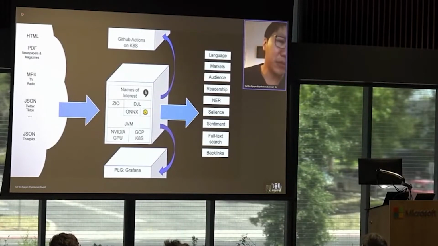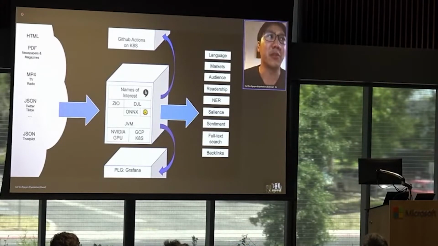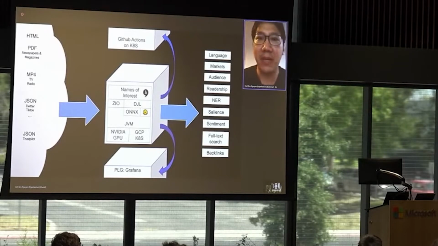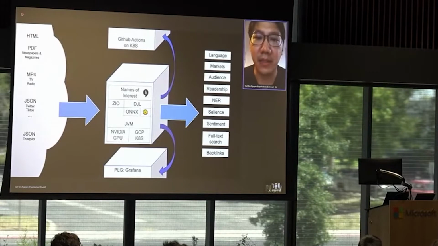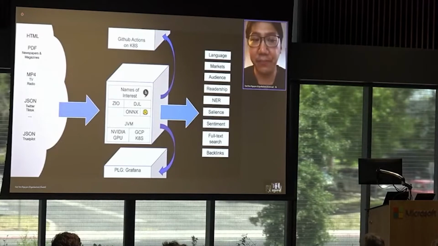And we use Zyro on top for cooperative multitasking. Combined, that enables us to build a high performance machine learning pipeline where data is streamed in, enriched on the fly, and then put in a database, leading to enrichments like readership, named entity recognition, salience, sentiment, and such.